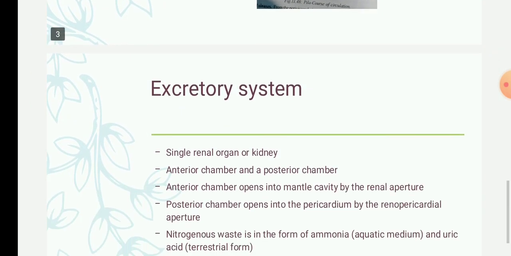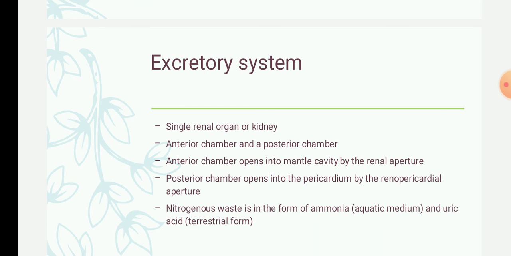Next topic which we are going to study is the excretory system of pila. The excretory system of pila is formed of a single renal organ, or kidney, which lies near the pericardium. The kidney consists of an anterior chamber and a posterior chamber.